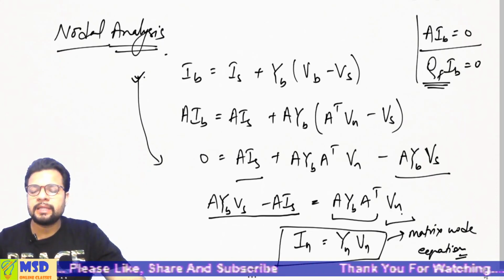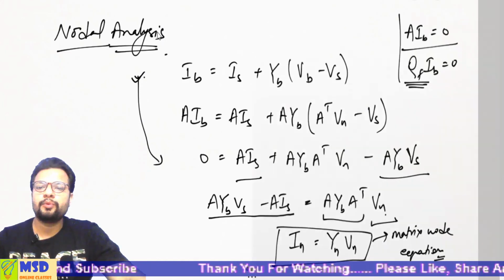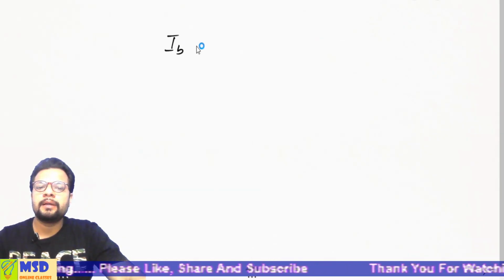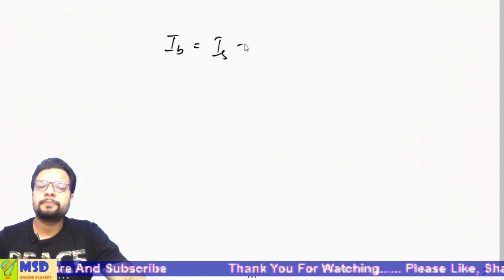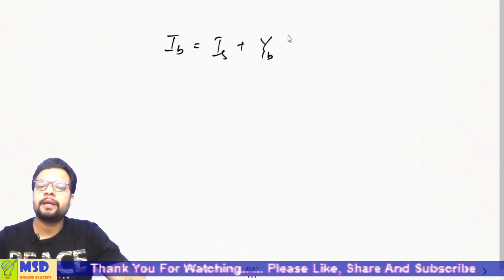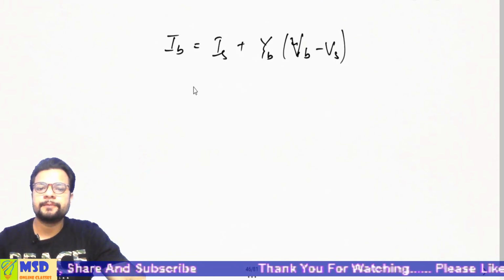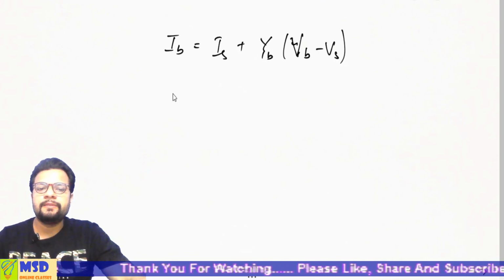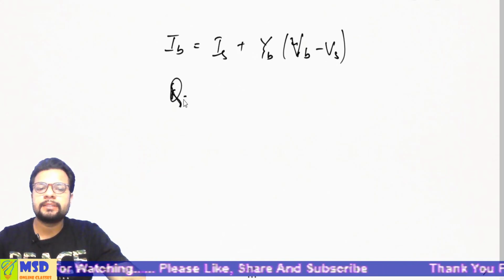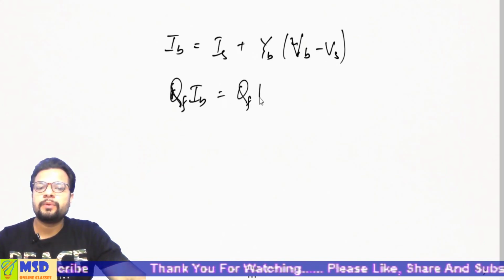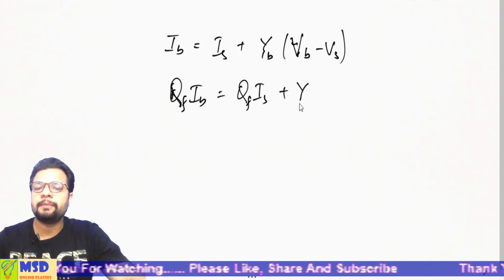For nodal analysis, let me write one more relation in terms of the cut-set matrix. IB is equal to IS plus YB into VB minus VS. Multiplying both sides with the QF matrix, it is QF into IB equals QF into IS plus YB.